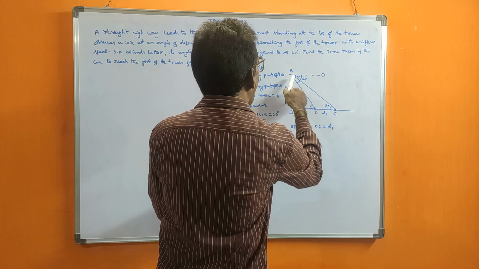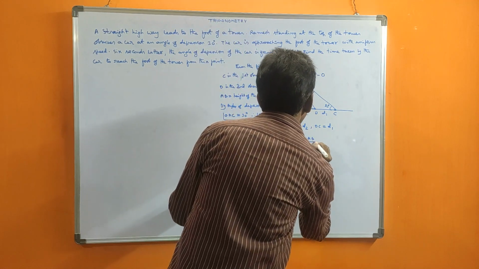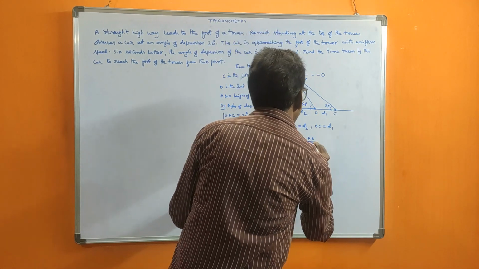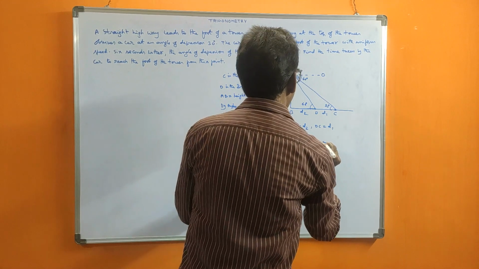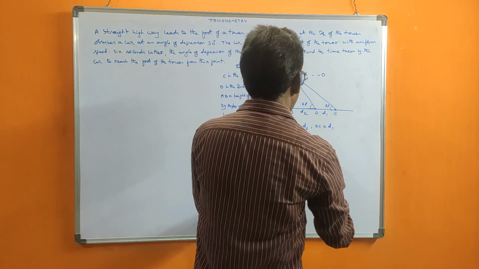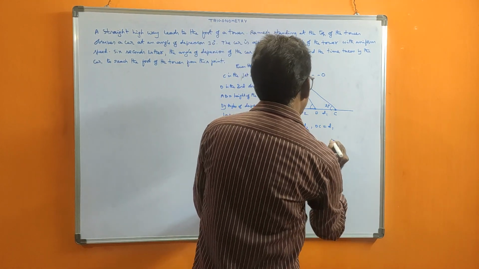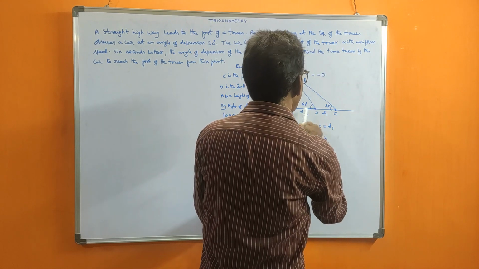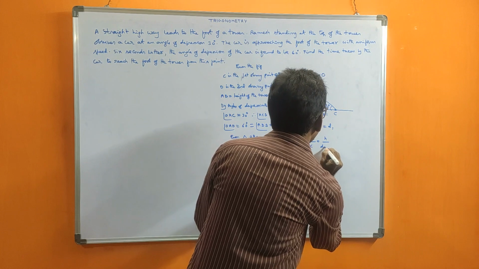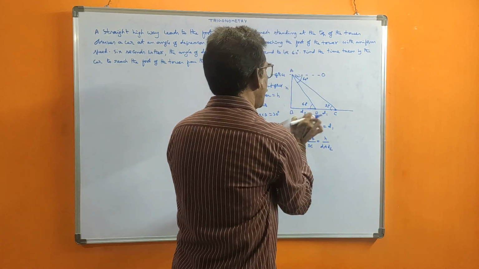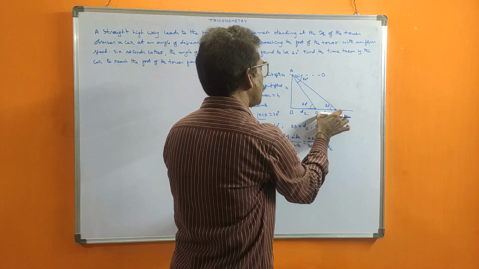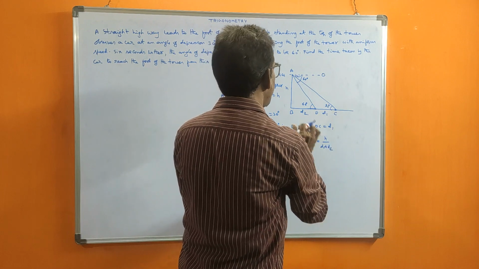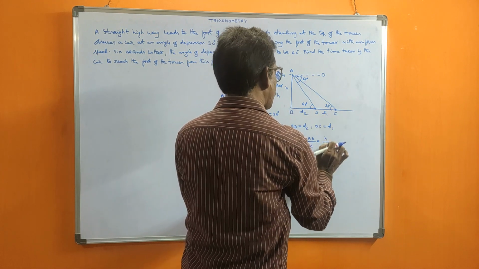For 30, the opposite side is AB and the adjacent side is BC, so tan 30 is equal to AB, that is H, by BC. We took BD as D2 and DC as D1, but here BC, B to C, is D1 plus D2.